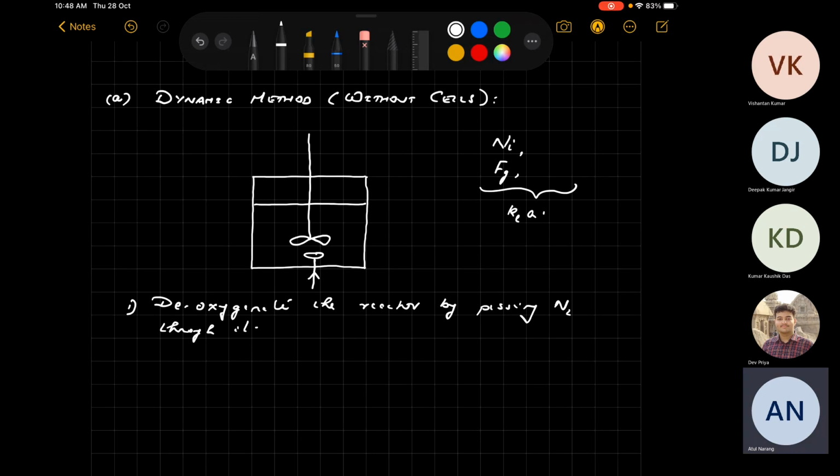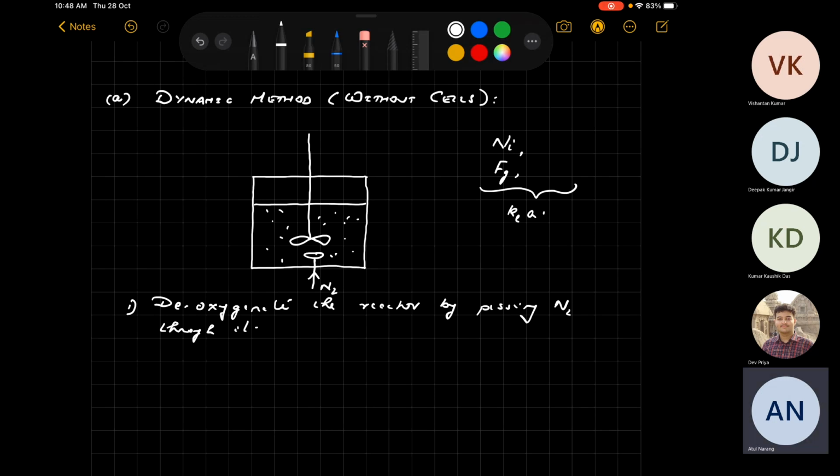What we do is we pump nitrogen through this. When we pump nitrogen through it, all the oxygen is removed from the reactor. So these bubbles are all nitrogen. As they flow through, they keep on displacing the oxygen. And ultimately, you will have no oxygen in the liquid phase or in the gas phase.